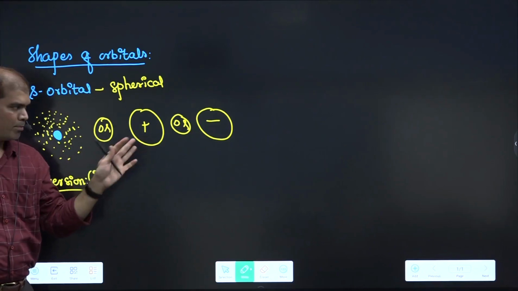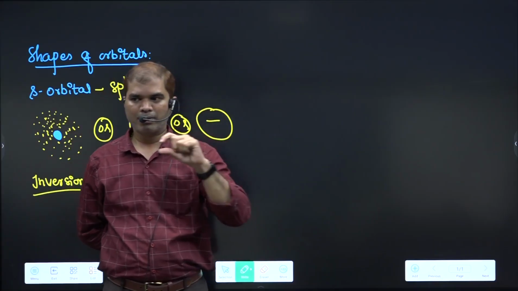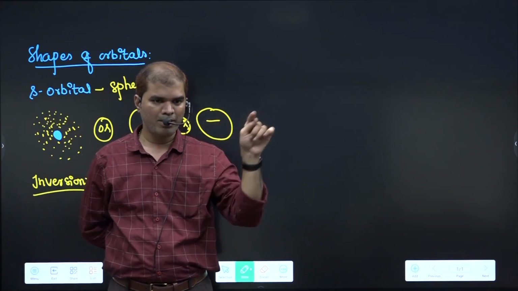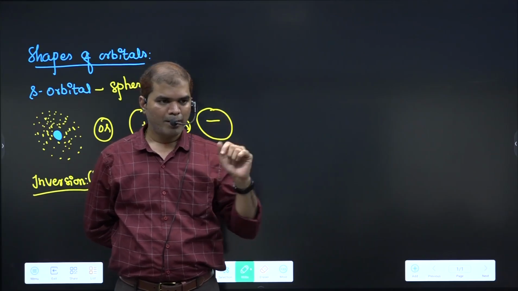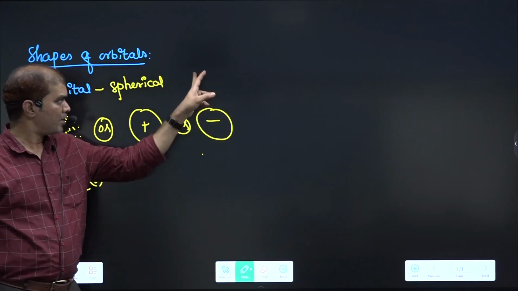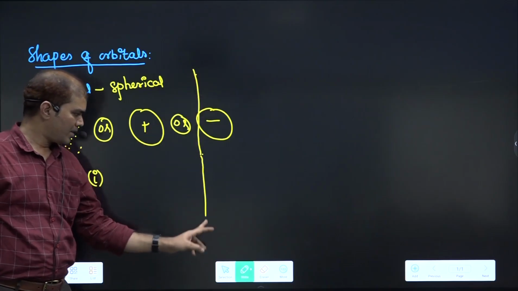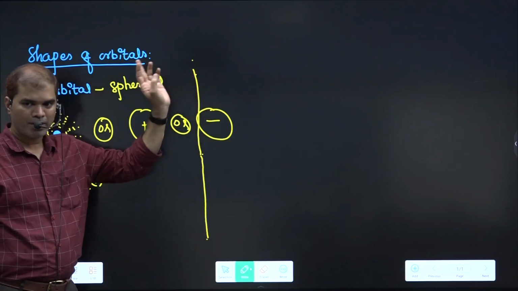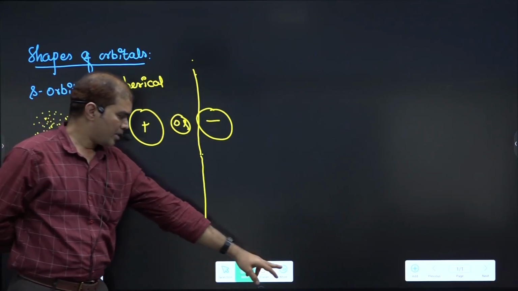Yes, there is an inversion because you have to just take it as a rectangle. Don't take all the colors or designs that are present. Just imagine it to be a rectangle. Starting from the center, if I draw a line, it is meeting some point. If I extend this line in the opposite direction to the same distance, it is meeting an identical point. Then I say inversion is present in the board.